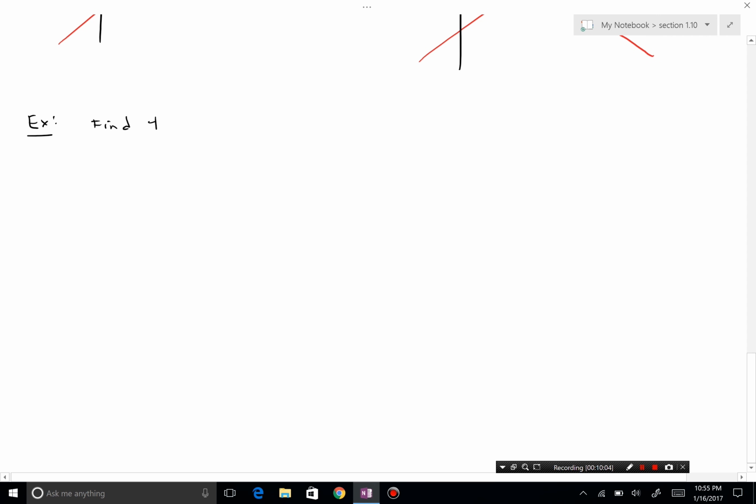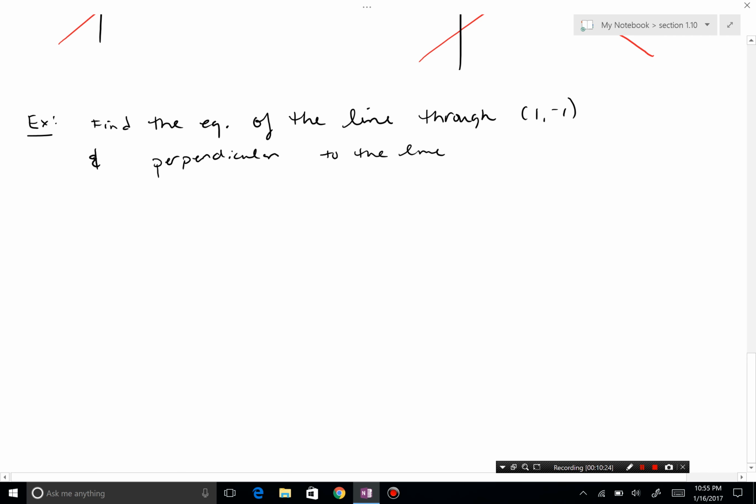Find the equation of the line through (1, -1) and perpendicular to the line y = -3x + 4.